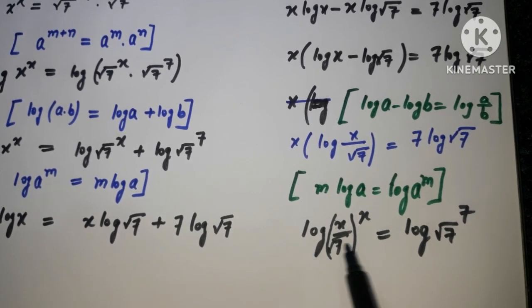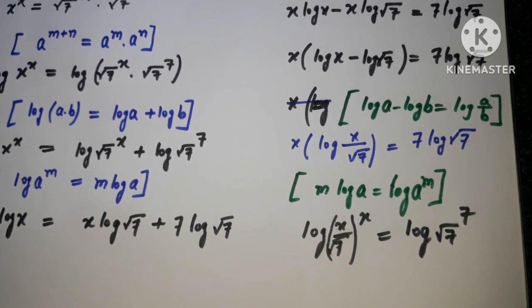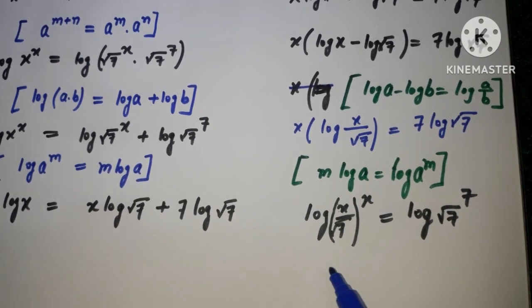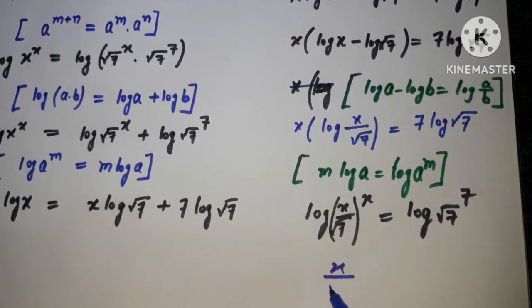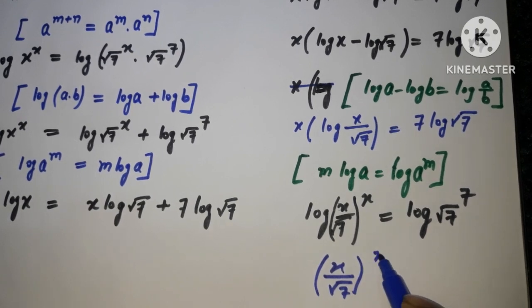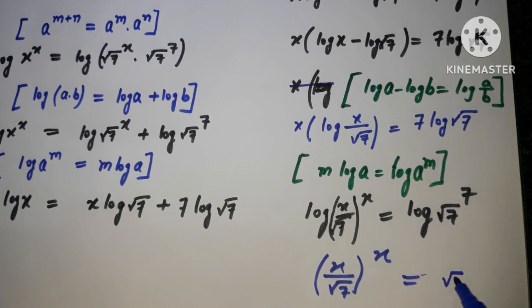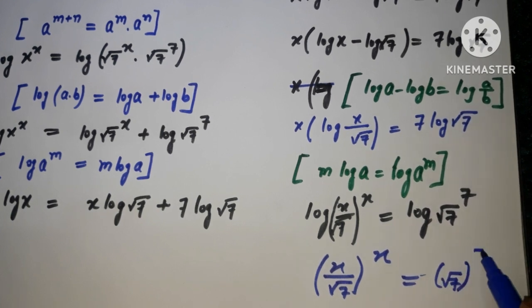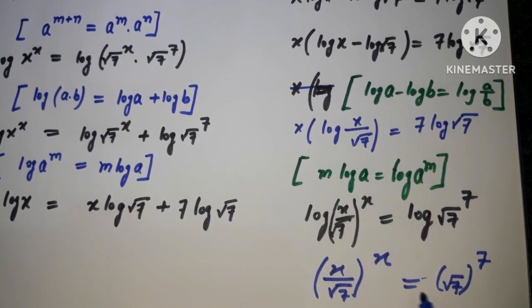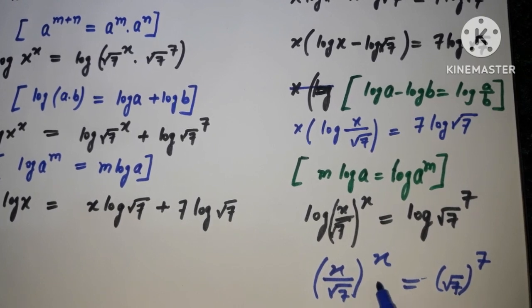Now on both sides we have log, so we can remove this log and write here x by root 7 power x, and here we have root 7 power 7. On both sides I'm raising the power 1 by root 7.